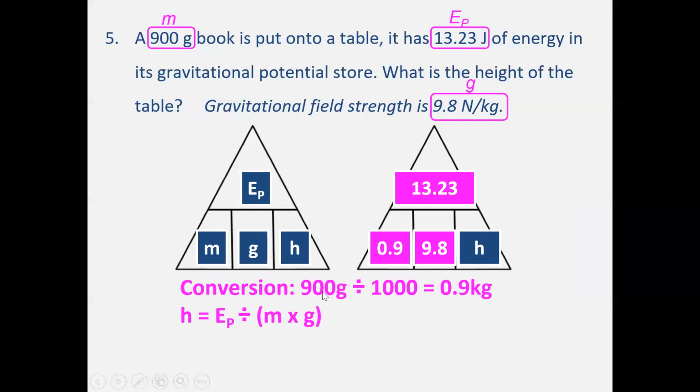So please don't forget that you have to convert grams to kilograms, and you do that by dividing by 1,000. So you have your rearranged equation here. And that would mean that you would have 13.23 joules divided by 0.9 kilograms multiplied by 9.8 newtons per kilogram. And that would give you a height of 1.5 meters.